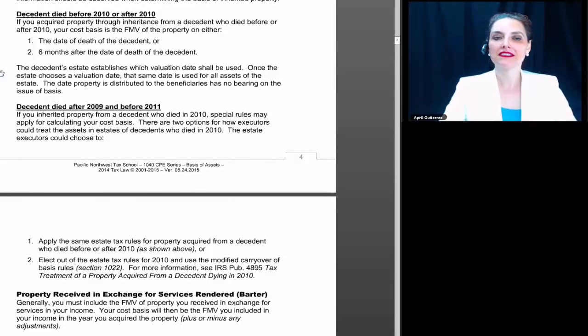Now, the decedent's estate decides or establishes which valuation date shall be used. And once the estate establishes a valuation date, choosing either the date of death or 6 months later, that same date shall be used for all assets of the estate. The date property is distributed to the beneficiaries ultimately has no bearing on the issue of basis.